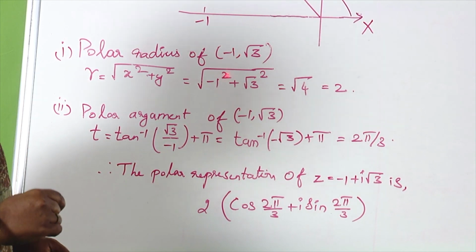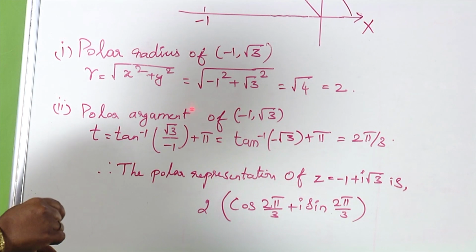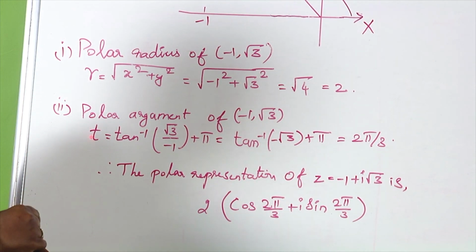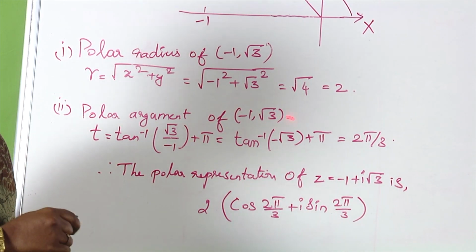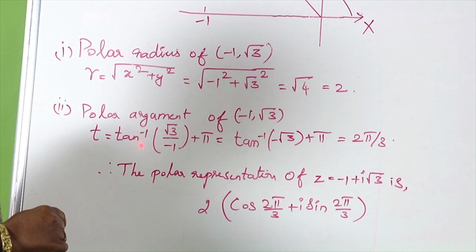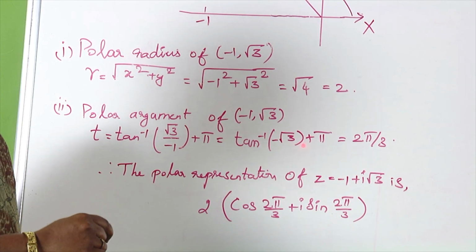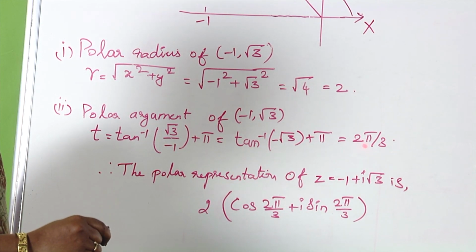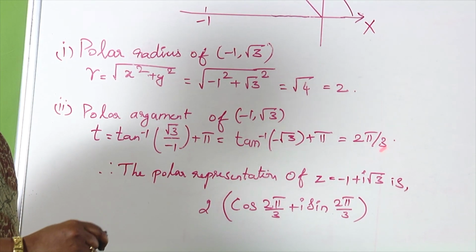There is a negative x, hence the polar argument is t = tan inverse of y by x + k pi, where k is equal to 1 because x is negative. So, t = tan inverse of (root 3 by -1) + pi, which is tan inverse of (-root 3) + pi, which is equal to 2 pi by 3. Since we have added pi, it becomes 2 pi by 3.